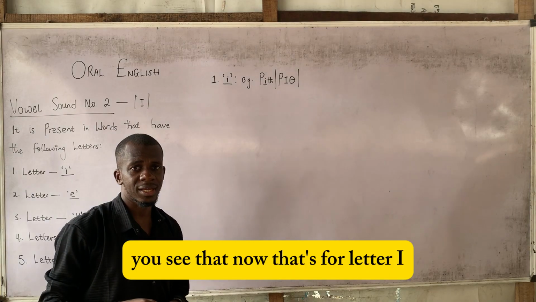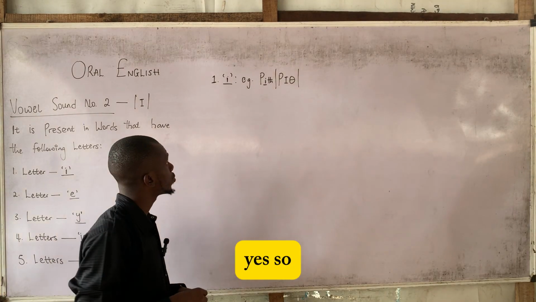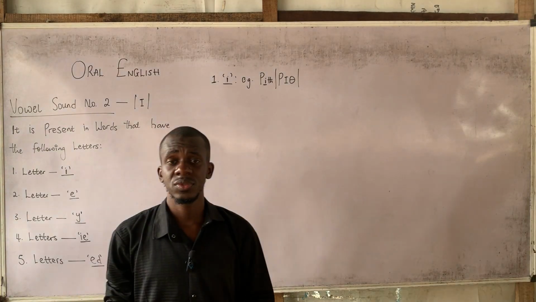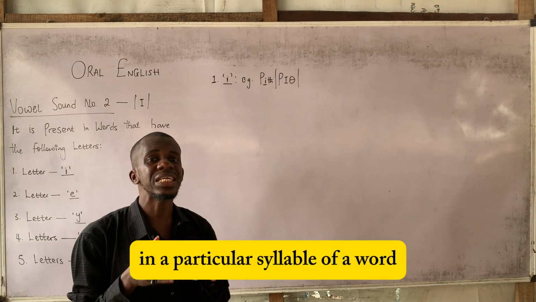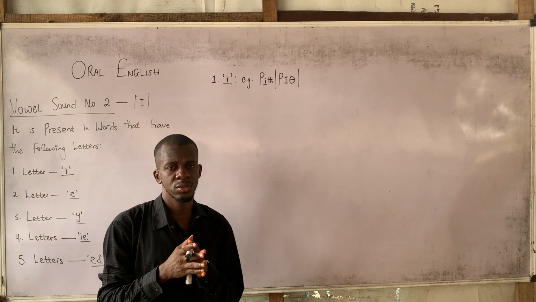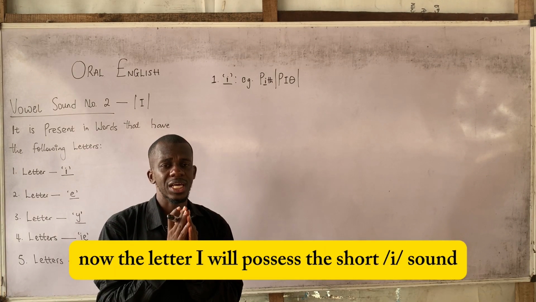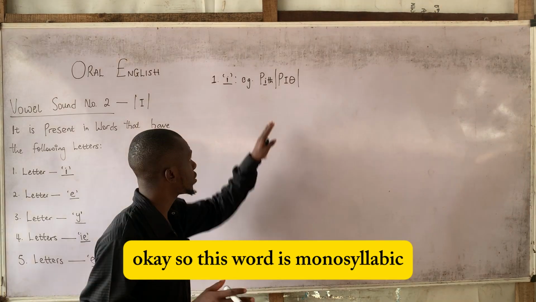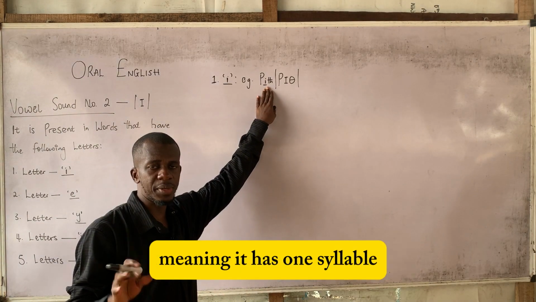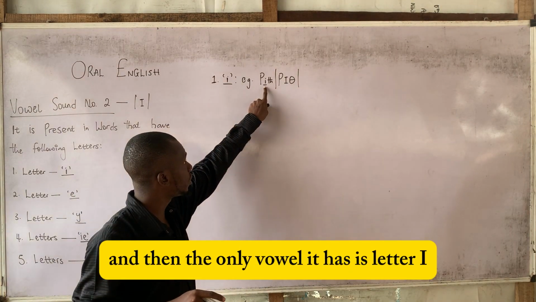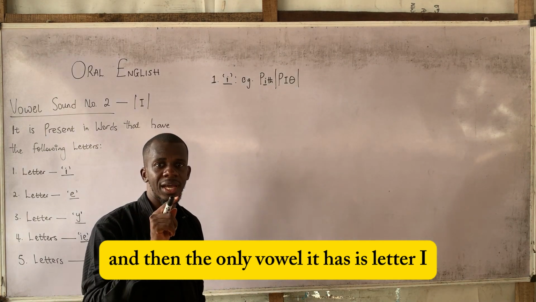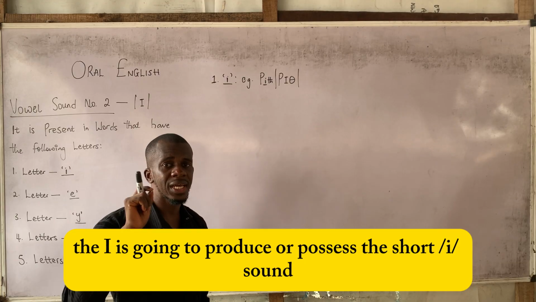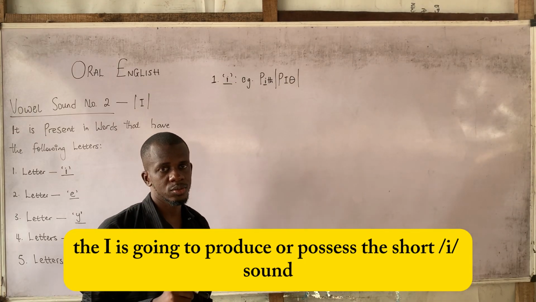That's for letter I. Whenever the letter I is the only vowel letter in a particular syllable of a word, the letter I will possess the short E sound. So this word is monosyllabic, meaning it has one syllable, and the only vowel it has is the letter I, so the I is going to produce the short E sound.